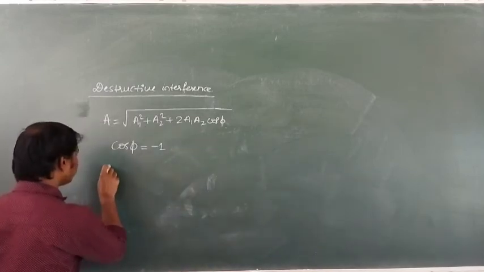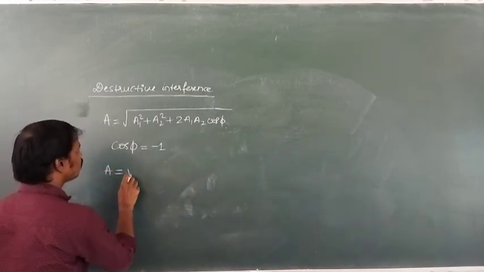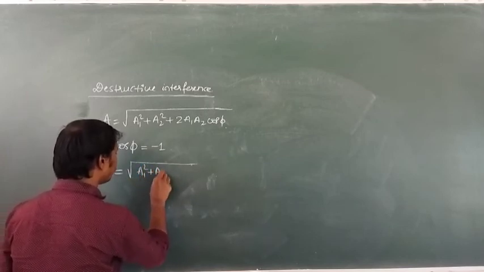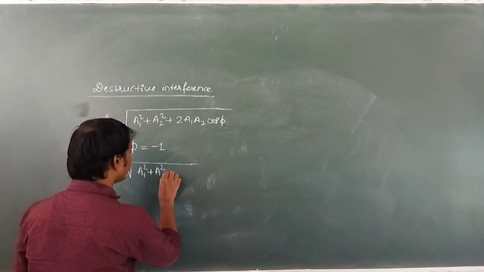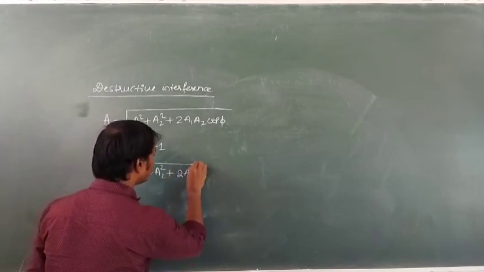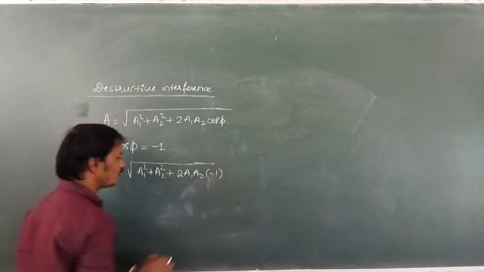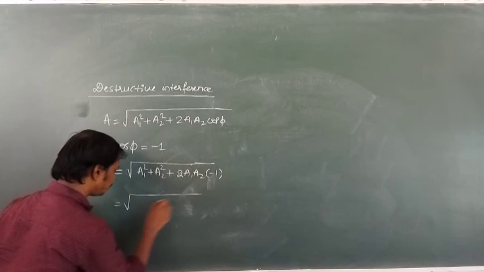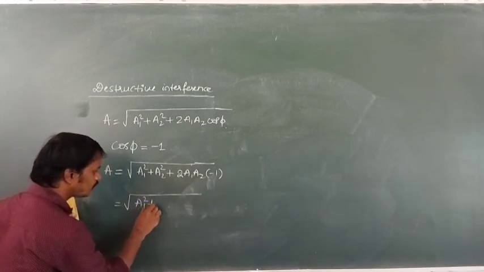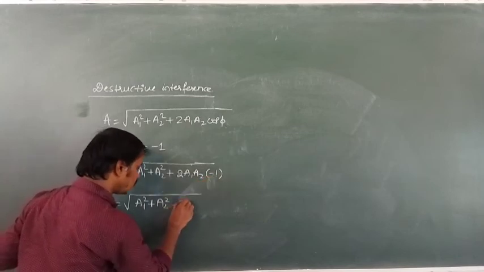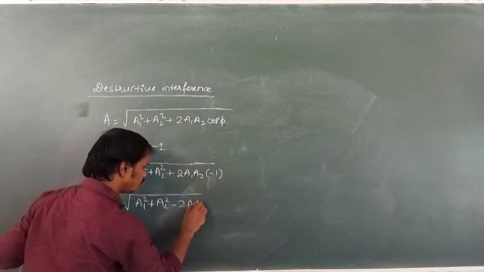Then this equation can be written as A is equal to root of A1 square plus A2 square plus 2 A1 into A2 into minus 1, then plus into minus, so it is root of A1 square plus A2 square minus 2 A1 into A2.